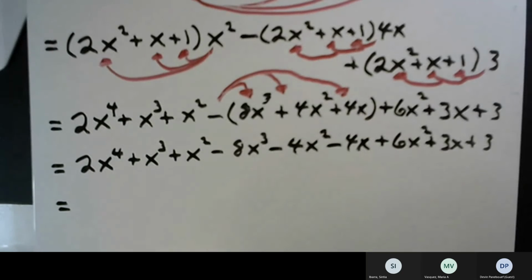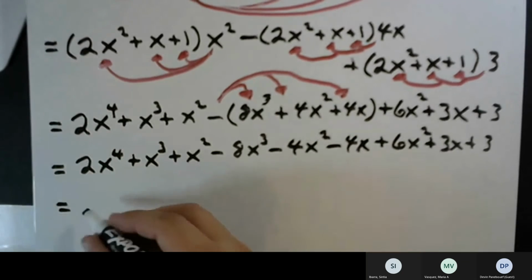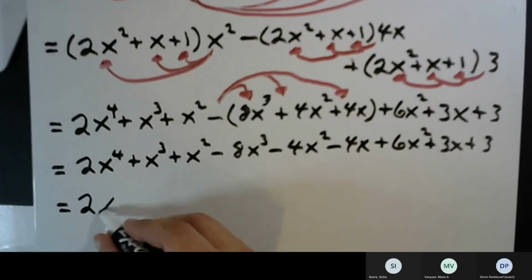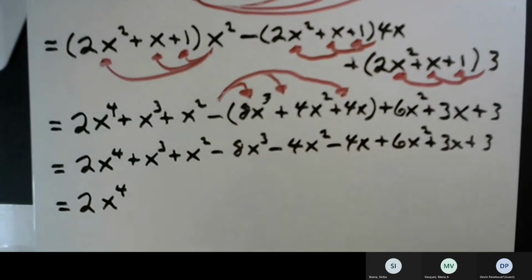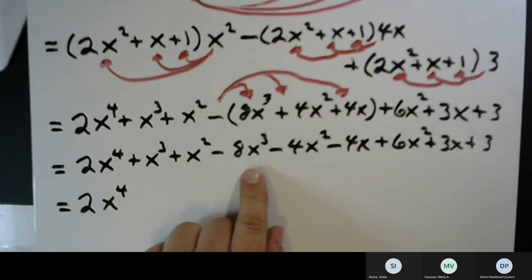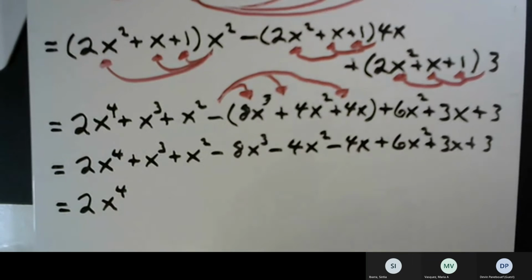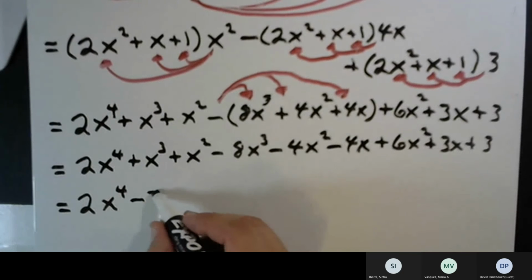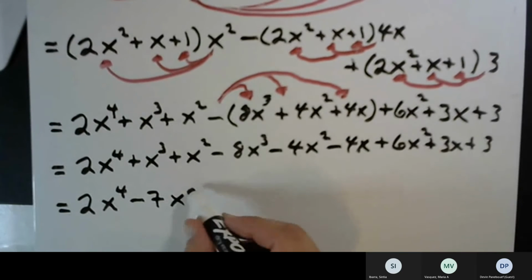So now we're going to combine like terms. Now there's only an x to the fourth term. There's only one. That's 2x to the fourth. Now if we look at our x cubes, there's an x cubed, a minus 8x cubed, and that's it. So a 1 and a negative 8, that's a negative 7.